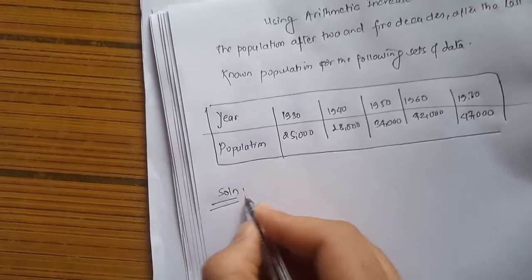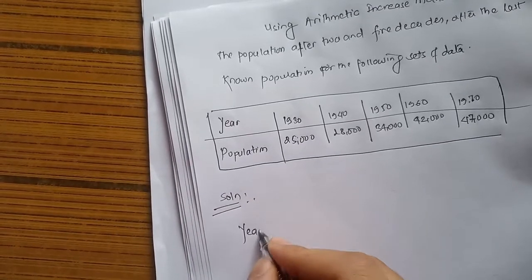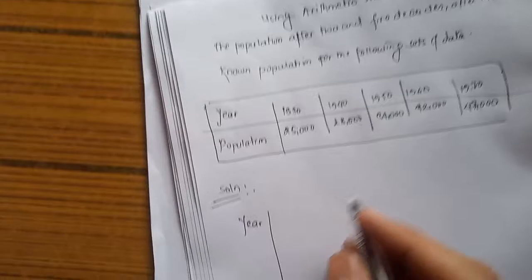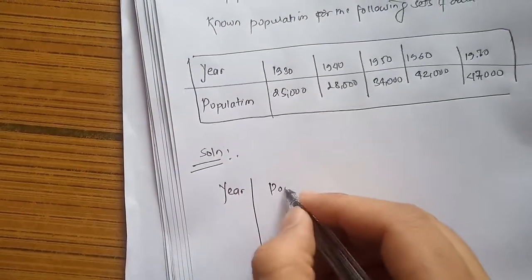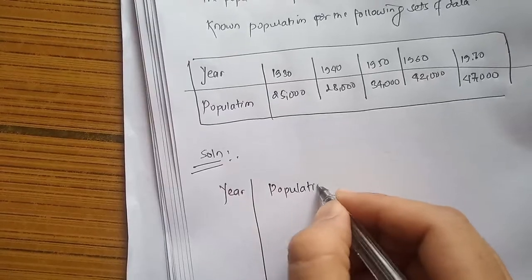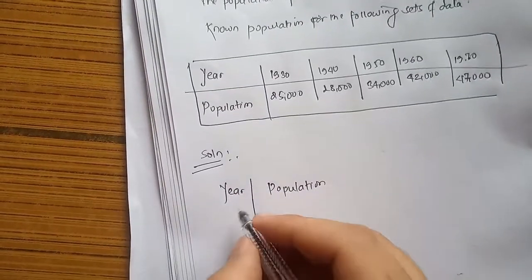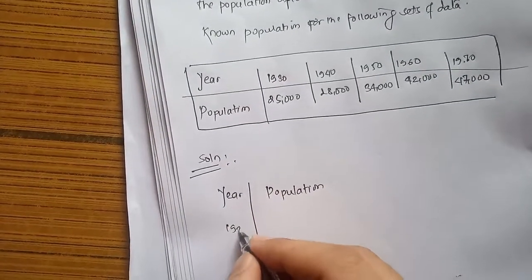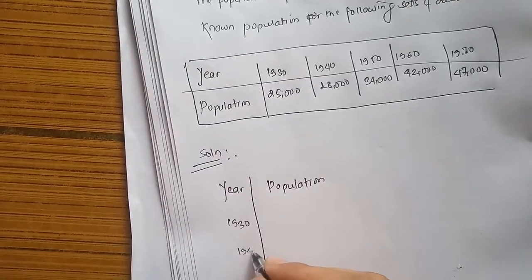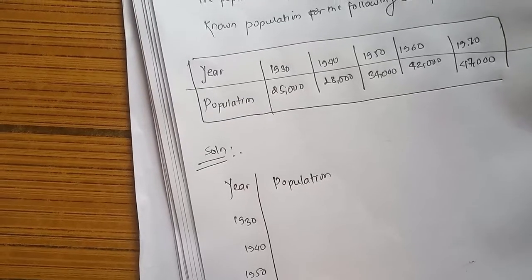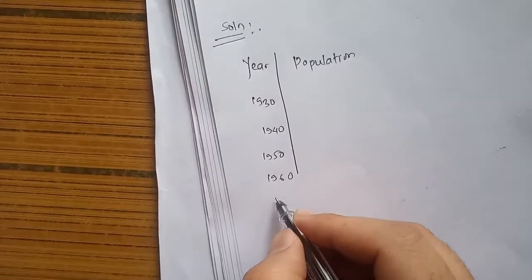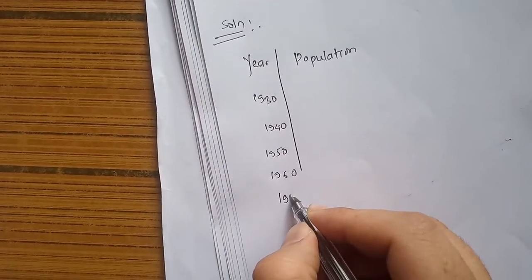Here we can write year in one column and population in another column. The years are 1930, 1940, 1950, 1960 and 1970.